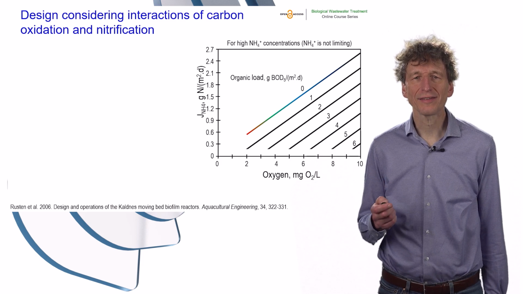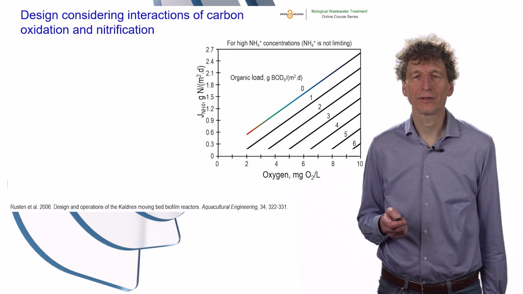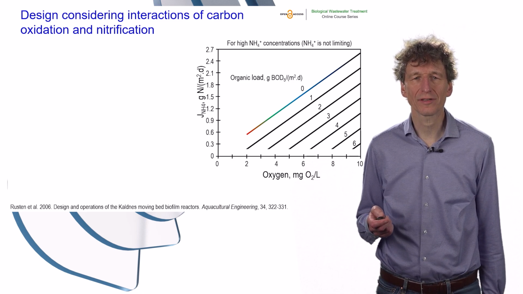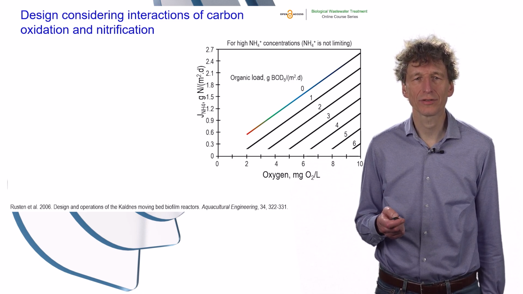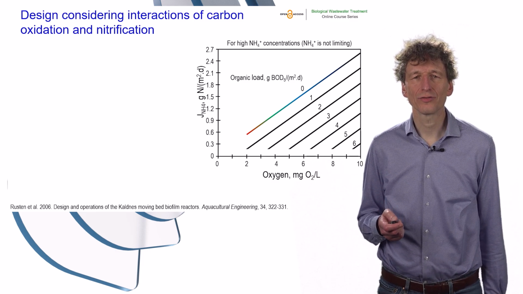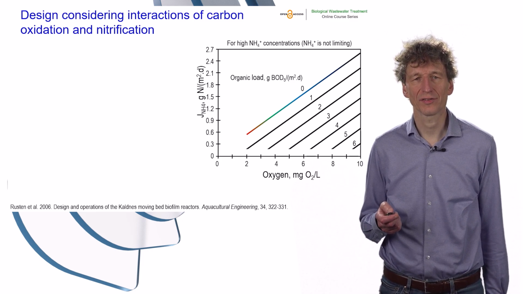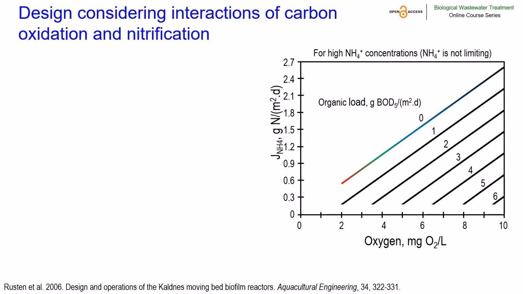Here, this next design approach is a bit more complex and takes into account interactions of BOD oxidation and nitrification. In addition, it explicitly takes into account the influence of bulk phase oxygen concentrations. This plot on the right provides ammonia fluxes for different bulk phase oxygen concentrations and different BOD surface loadings.